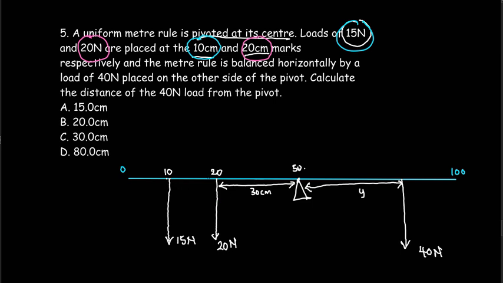Now note, we are not using the distance here, because the distance here is 10 cm. Rather, the moment for the 15 Newton force is going to span the entire length to the fulcrum. Don't ever make that mistake, because students make that error. It is 40 cm from the fulcrum, the full length. That's what you are using to take a moment about the pivot.